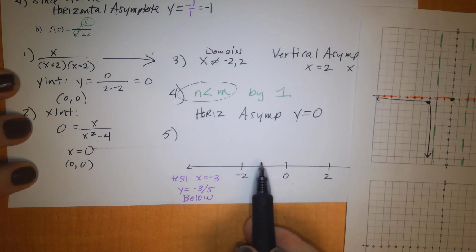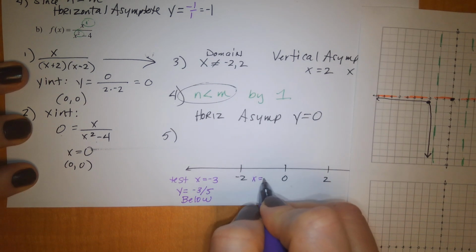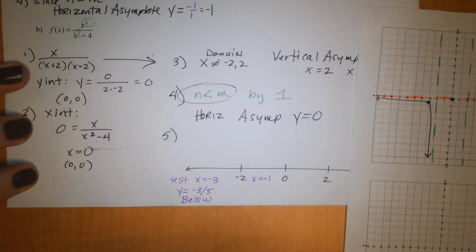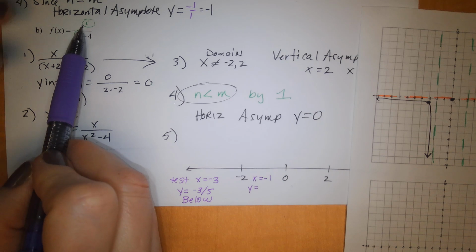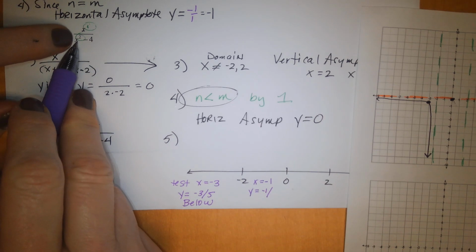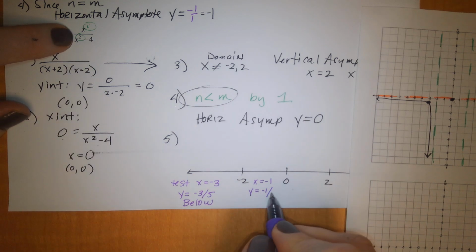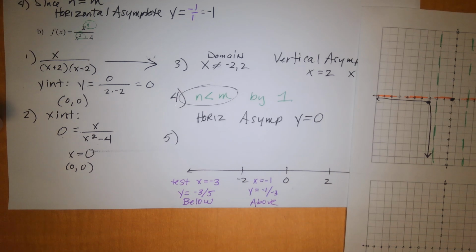So now let's move over to this interval inside. Let's test the point x equals -1. If we test x equals -1 for y, we're going to get -1 divided by 1 minus 4, which is -3. This is actually a positive number, so it'll be above the x-axis in this interval.